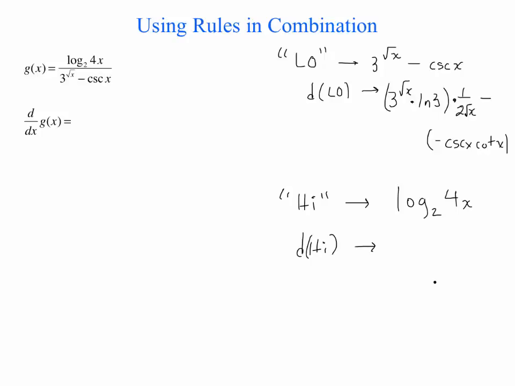So that's going to be, looking at your rules there, 1 over 4x, natural log of the base 2. Are we done? Notice this is another composite function, right? It's 4x plugged into log base 2 of something. So by the chain rule, we also need the rate of change of 4x, 4.